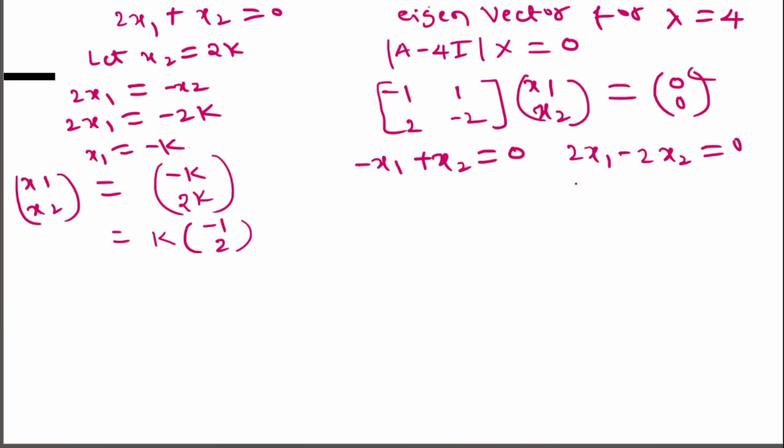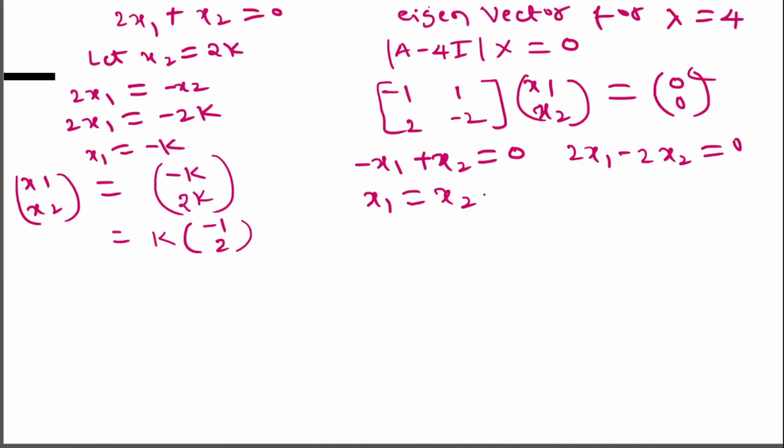Both equations are the same, so we assume this equation, minus x1 plus x2 equal to 0, that implies x1 equal to x2.